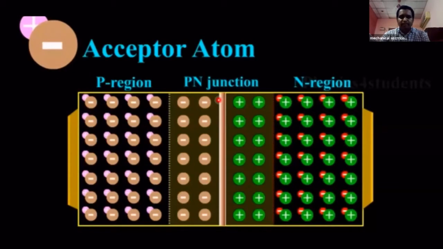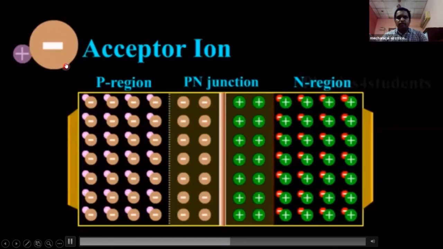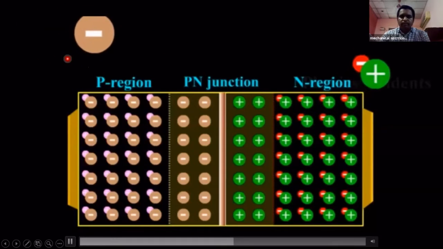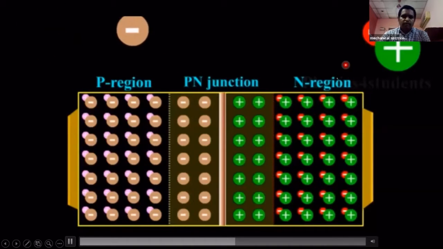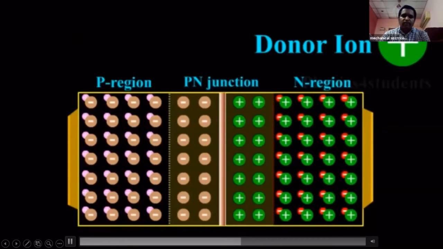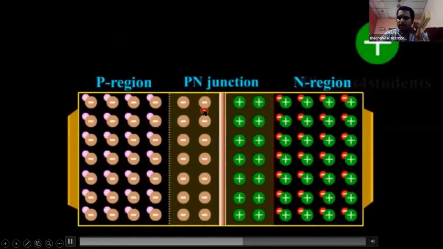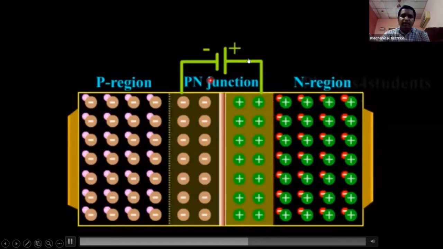See this. This is losing electrons, this is losing holes. They form ions. Here a barrier is created. That barrier is called the potential barrier because there is a potential existing.